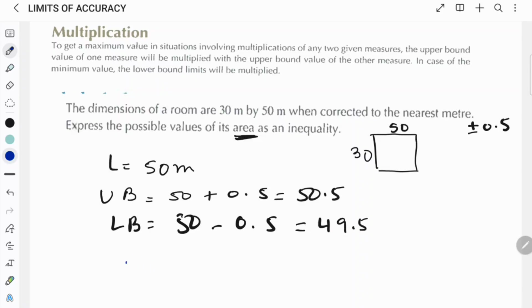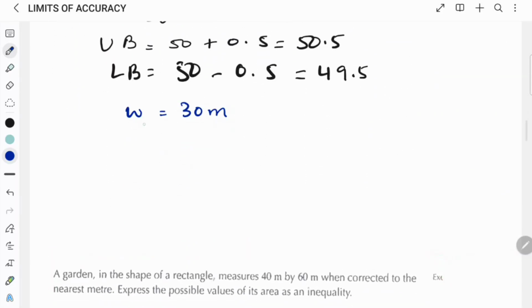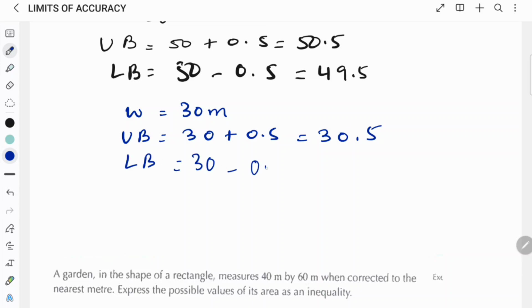For the width, if the width is 30 meters, the upper bound is 30 plus 0.5, which equals 30.5, and the lower bound is 30 minus 0.5, which is 29.5.